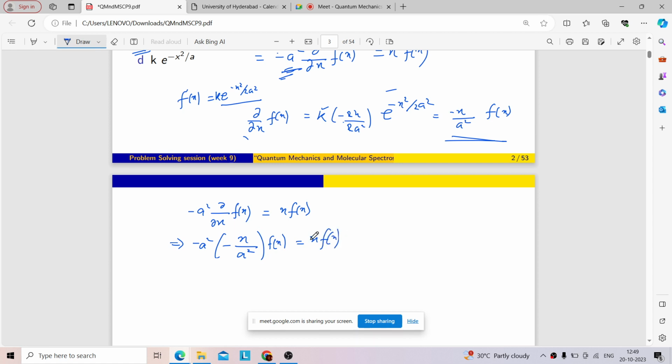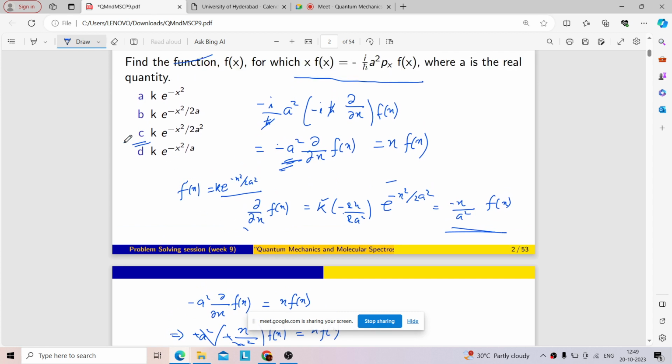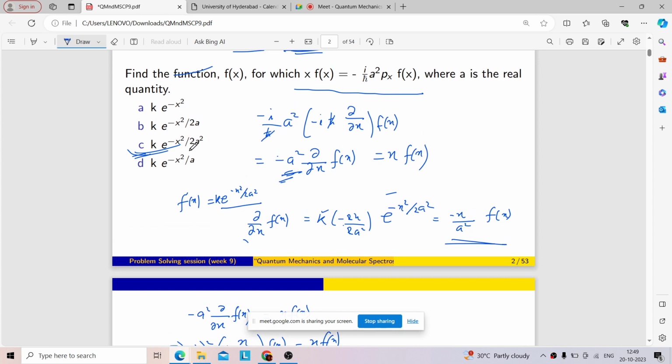The minus minus cancels and a square cancels. So you have x f of x on the left hand side and x f of x on the right hand side also. So this equation is satisfied, and the correct answer should be C.